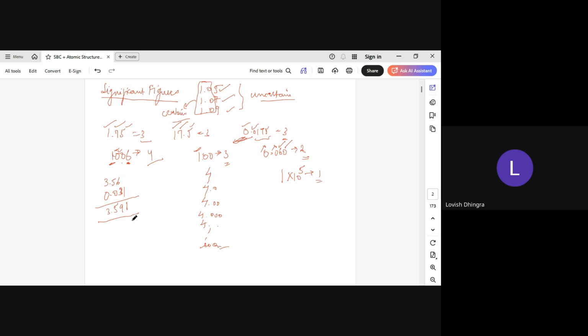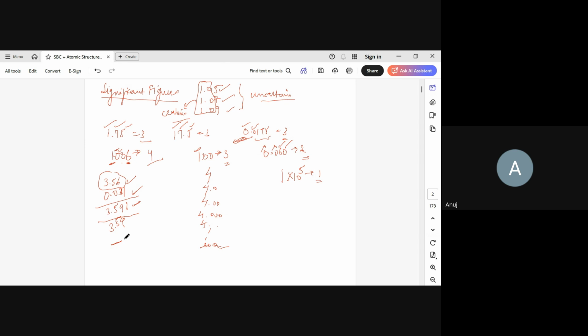When you add, you get a number, and you are finding the significant figures. It corresponds to the number which has the minimum number of decimal places. So what should the answer be then? 3.6. 3. Yes, see, this has 2 decimal places, 3.56, so corresponding to that it will be 3.59 we can take.